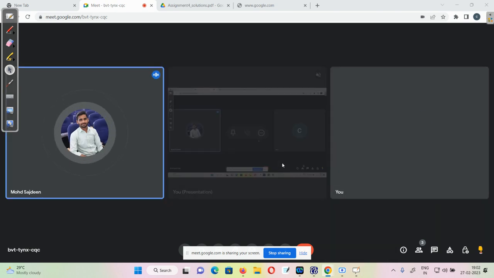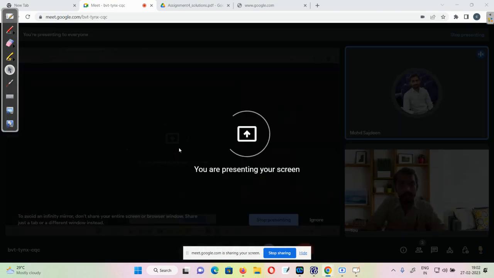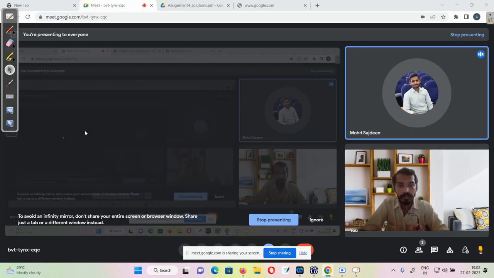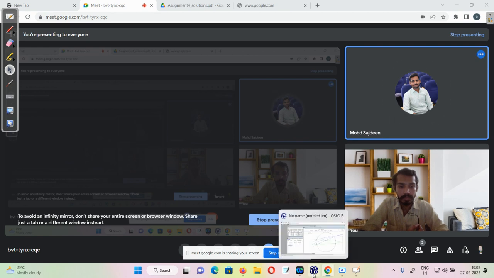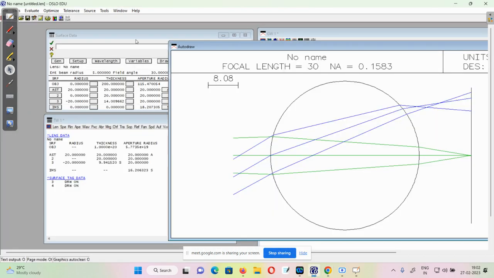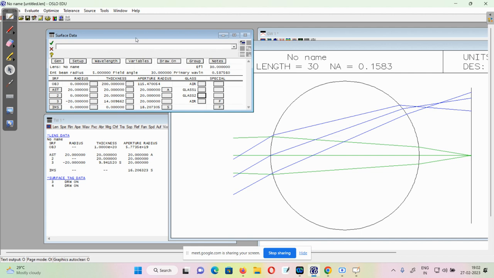Sir, actually, in that question, we are unable to change the refractive index. We just assume from the glass catalog and 1.00, I think it didn't change. So the answer you got is because you didn't change it. Everything came as glass, so you couldn't make this kind of sphere.